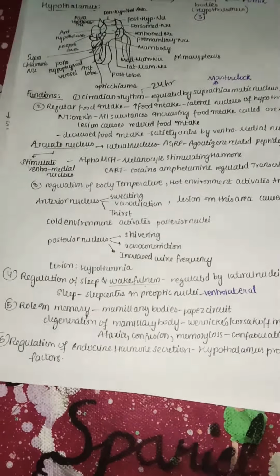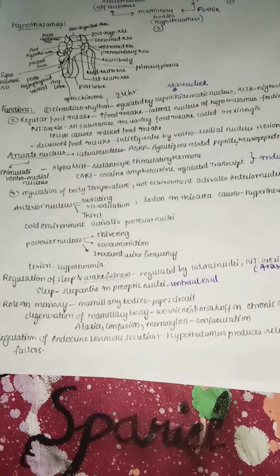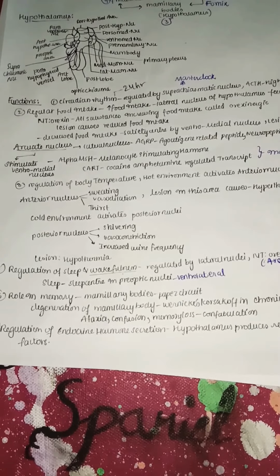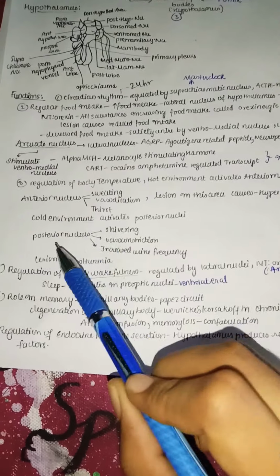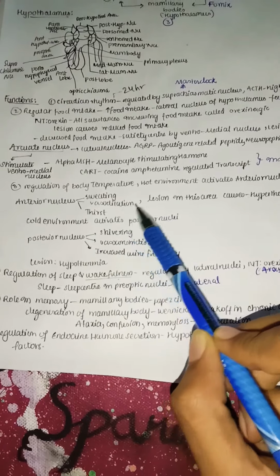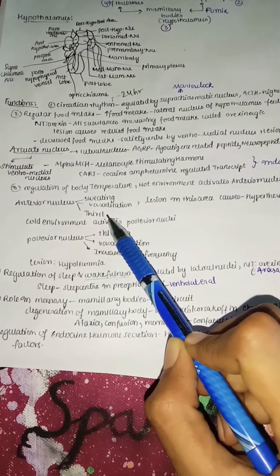So now let us see the next one, that is the regulation of body temperature. A hot environment activates the anterior nucleus. You can see here that according to temperature, our hypothalamus regulates body temperature by certain nuclei. The anterior nucleus leads to sweating, vasodilation and thirst, especially whenever there is a hot environment.